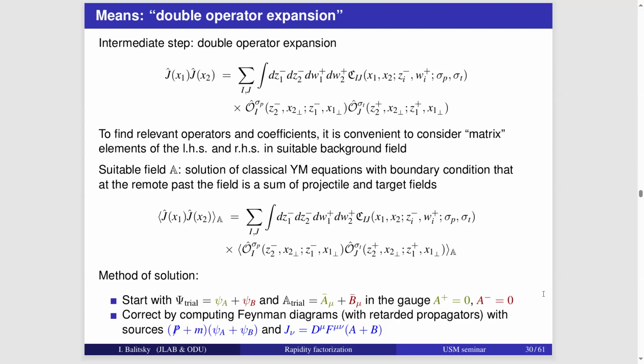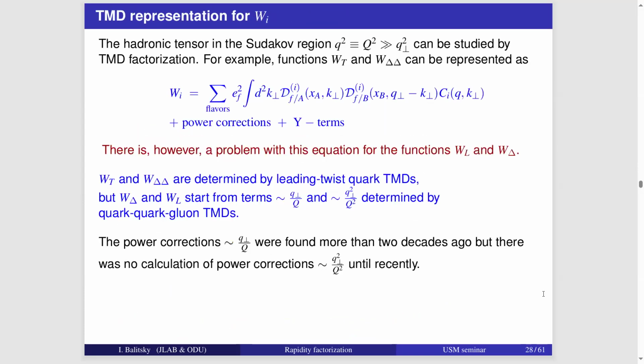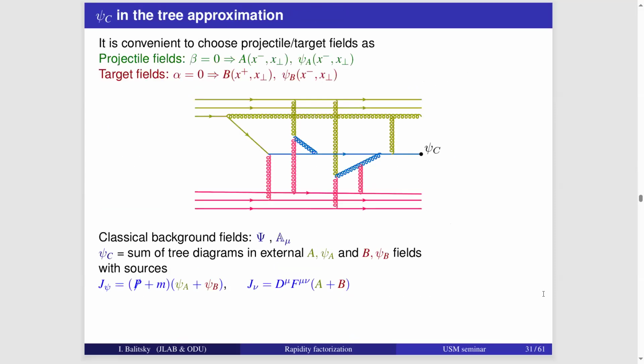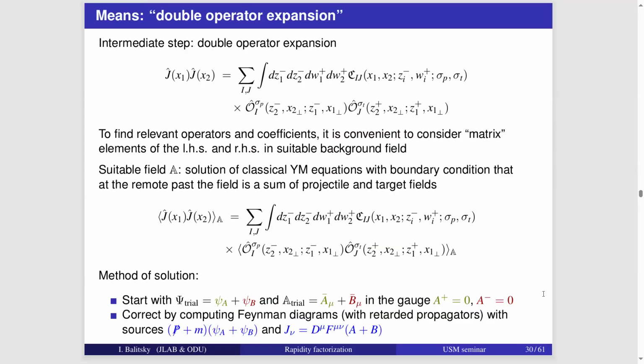The field is a sum of projectile and target fields. So instead of calculating this between hadrons, which I need but cannot do, I am calculating in the background of this classical field.